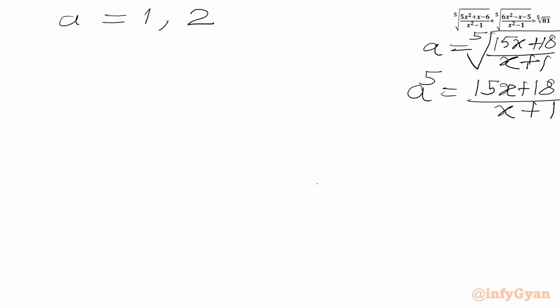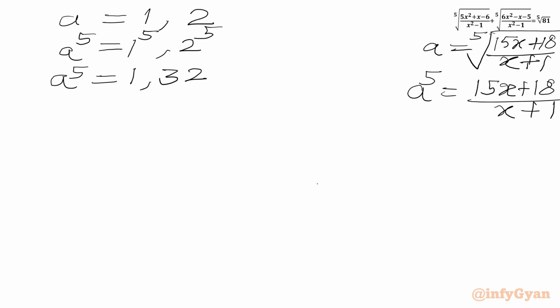We will replace a⁵. So let us find a⁵ first. It will be equal to 1⁵, 2⁵. So a⁵ will be 1 and 2⁵ is 32. So let us write (15x + 18)/(x + 1) equal to 1 and 32.